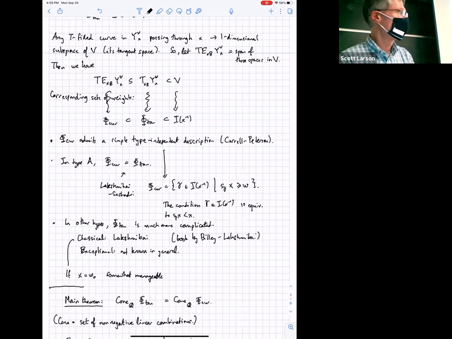But in exceptional types, to my knowledge, there's no explicit description. Somebody probably has worked out G2 somewhere, but I don't know of any explicit description for the exceptional types. For certain elements, certain Schubert varieties, it's known. For certain points X, for example, if X is a co-minuscule point of the Weyl group, which in type A would be a Grassmannian permutation.